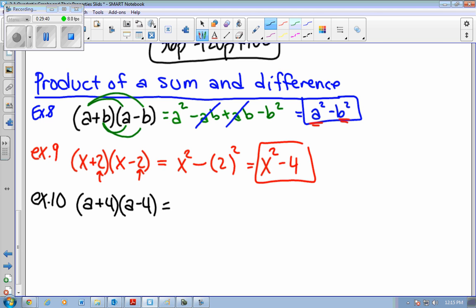Using the special case, what would we get? It'll be minus. It will always be minus.